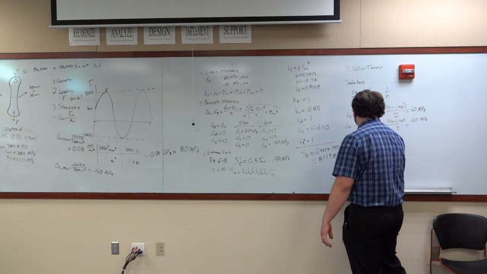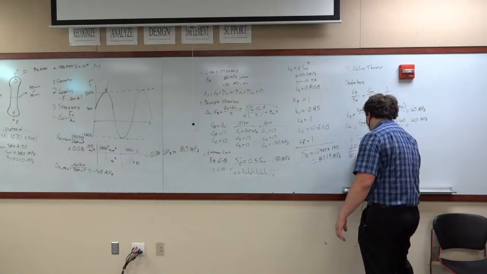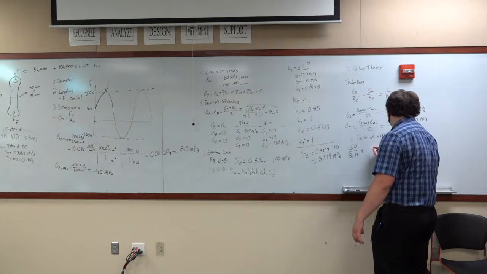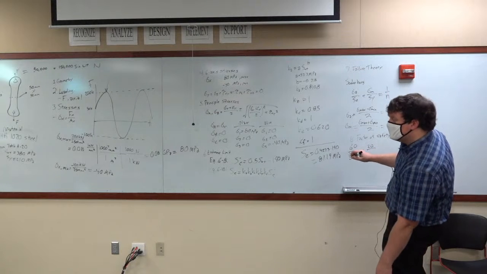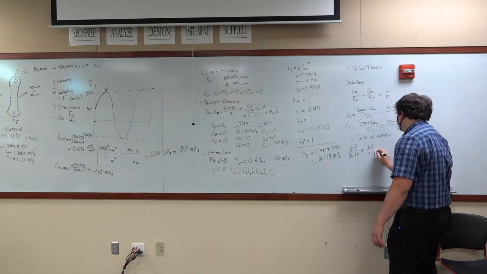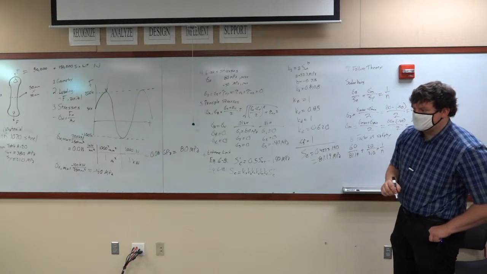So we got 60 megapascals over 81.19 plus 20 megapascals over 210, and that's equal to 1 over n. We do our math here.